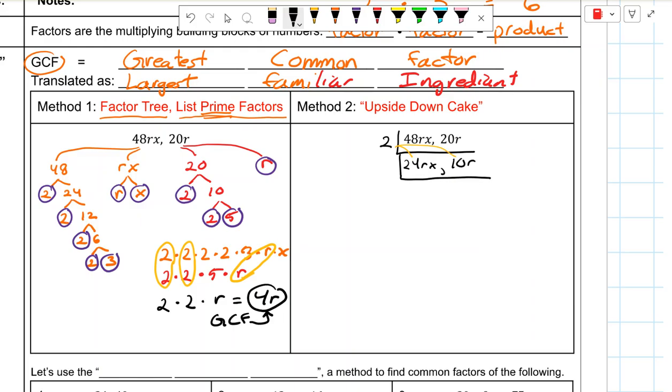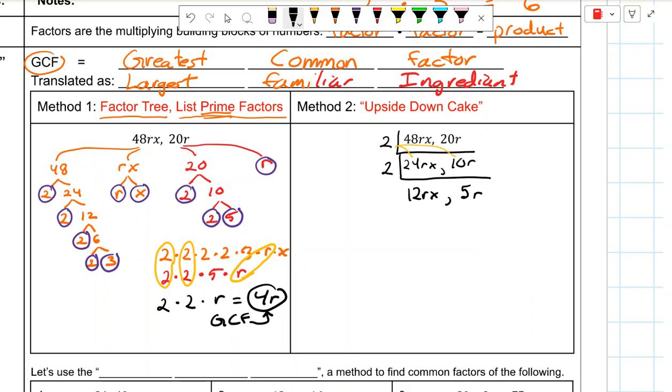And we're making layers of a cake here. And what do 24 and 10 both have in common? Well, they're both even numbers, so we know we can take out a 2. So what's 24Rx divided by 2? It's 12Rx. And what's 10R divided by 2? It's 5R.